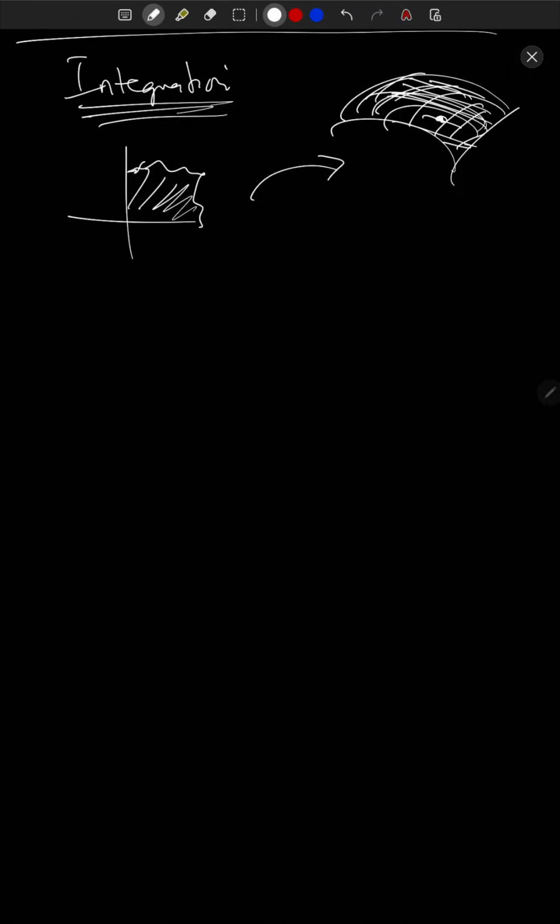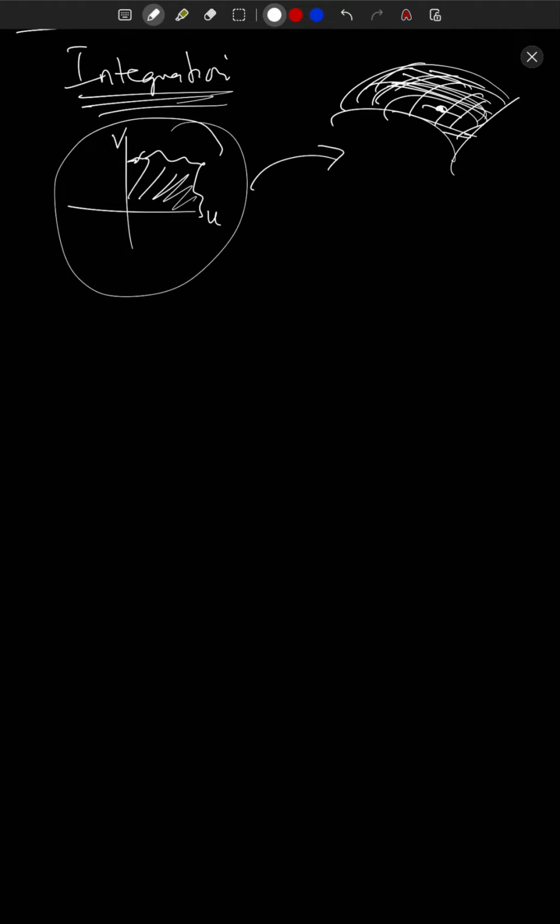We might want to find the average temperature, or the total amount of heat energy on the surface. So we want to integrate that temperature function. How do we do that? We're going to port it to an integral on the UV plane, and we'll do the integral on the UV plane. All right, so let's actually do that procedure.